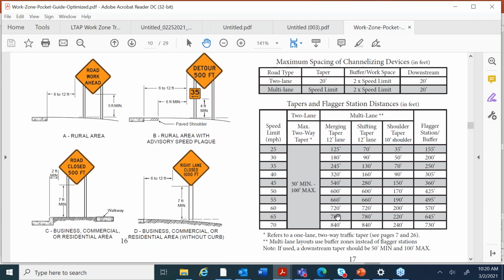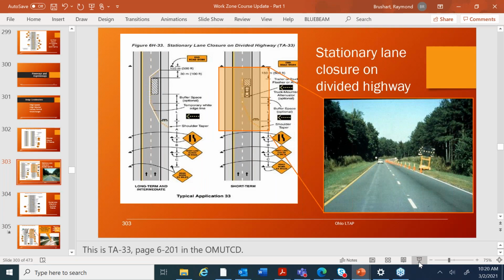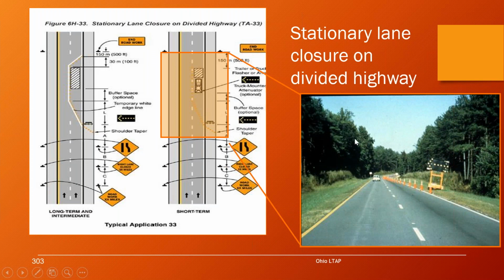It says merging taper, and we see the length of that merging taper is 780 feet. If it was 70 miles an hour, it would be 840 feet. So that's the kind of sign spacing and lengths of tapers that we're dealing with on our freeway.